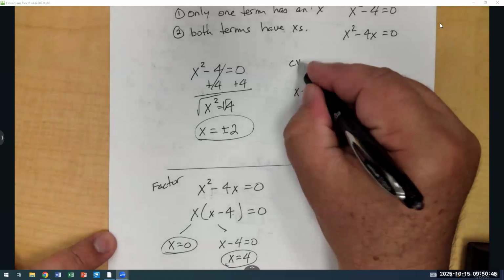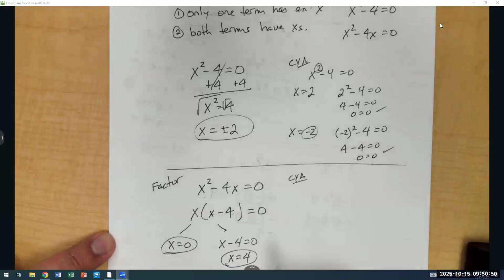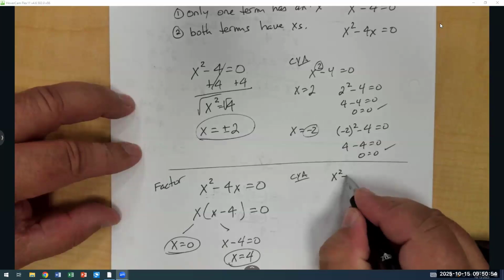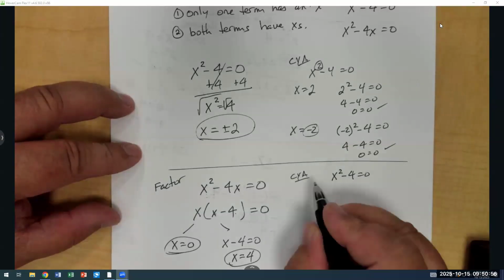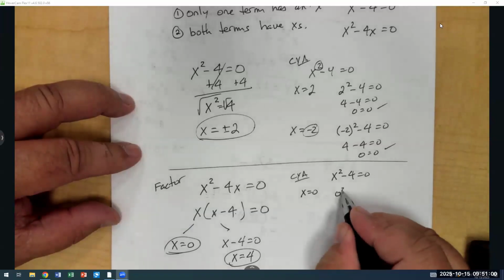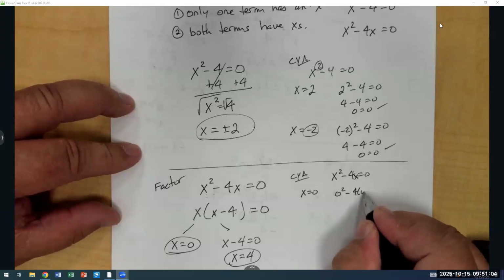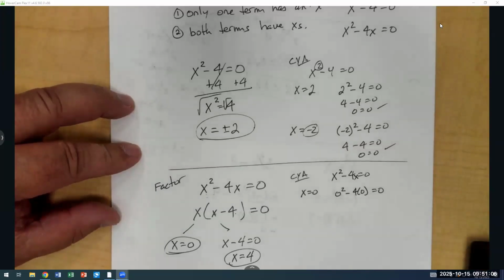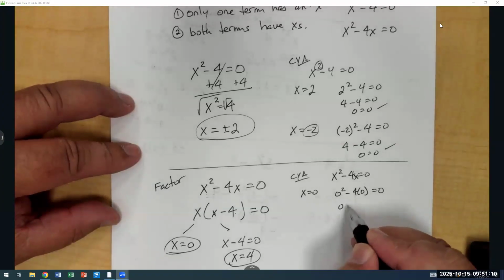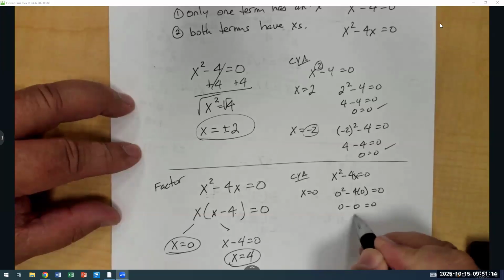This is the check your answer part. CYA. So our equation is x squared minus 4x equals 0. If x equals 0, 0 squared minus 4 times 0 equals 0. 0 squared is what? 4 times 0 is 0, minus 0 is 0.